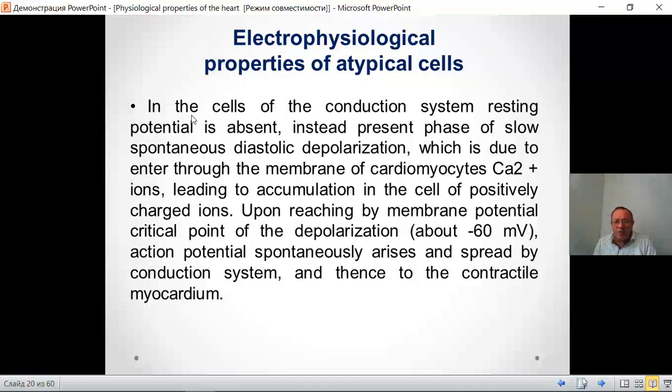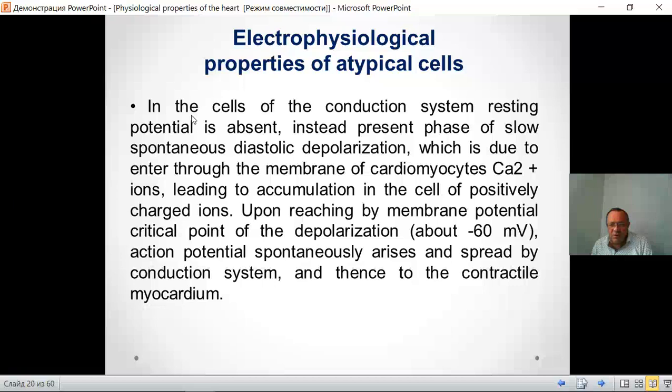Electrophysiological properties of atypical cells. In the cells of the conduction system, a resting potential is absent. Instead, there is a phase of slow spontaneous diastolic depolarization, which is due to entry through the membrane of the cardiomyocyte of calcium ions, leading to accumulation in the cells of positively charged ions.